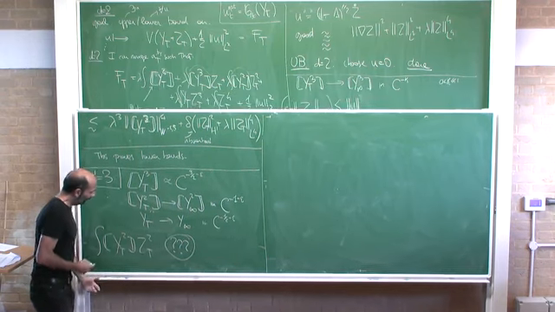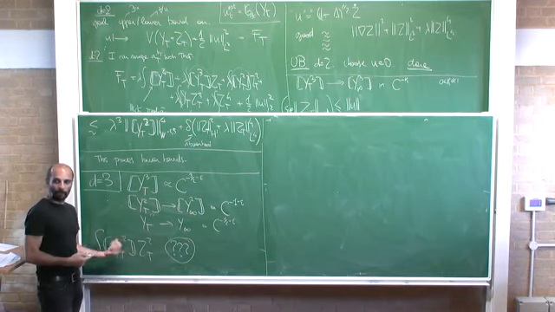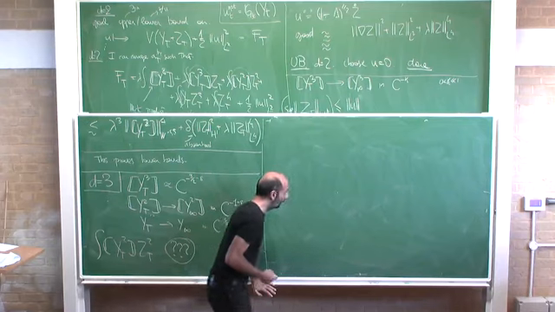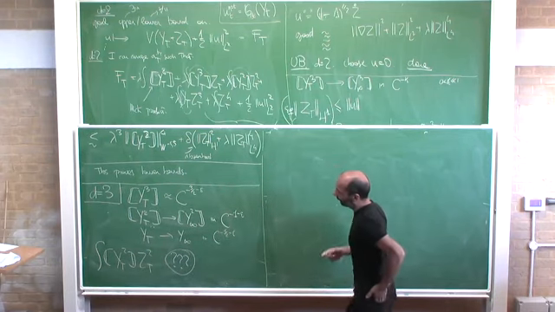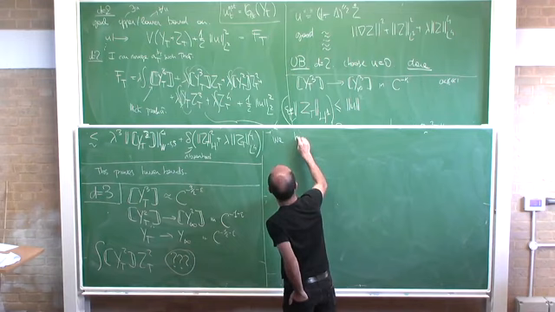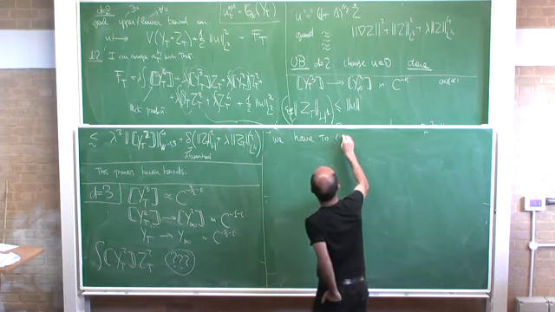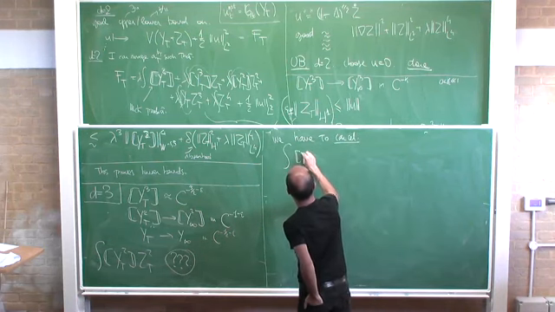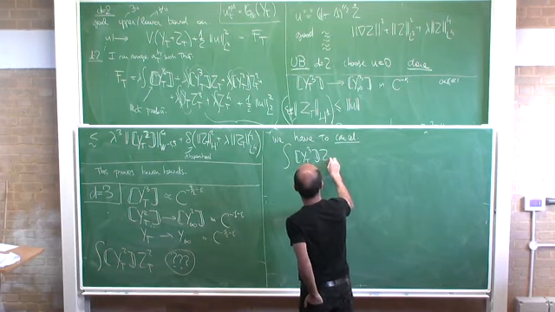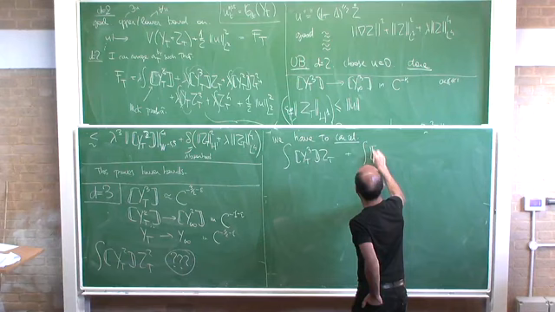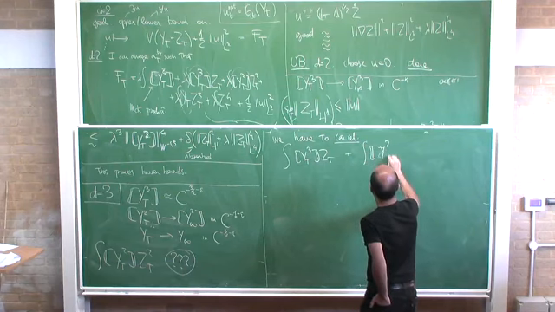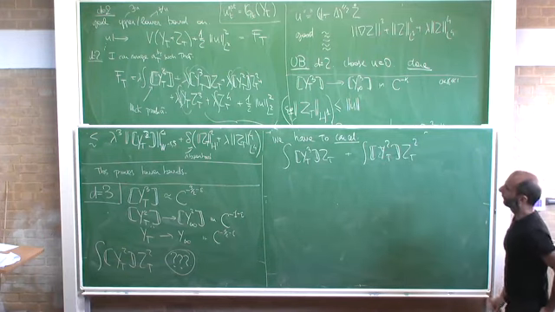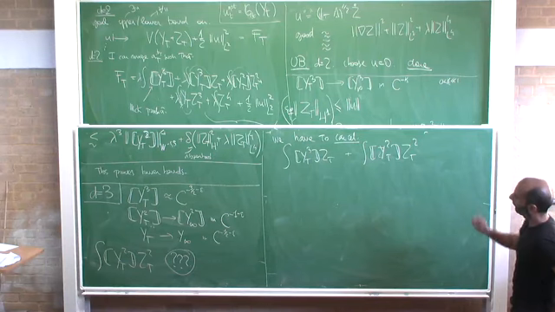And so these terms I cannot control, so I want to cancel them. That's the point now of the new ingredient. We have to cancel at least these 2 terms, because I cannot control them with the good terms, so I want them away.